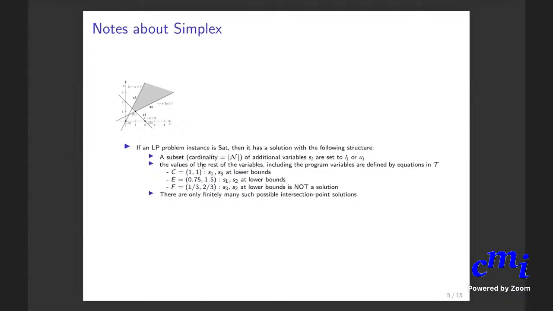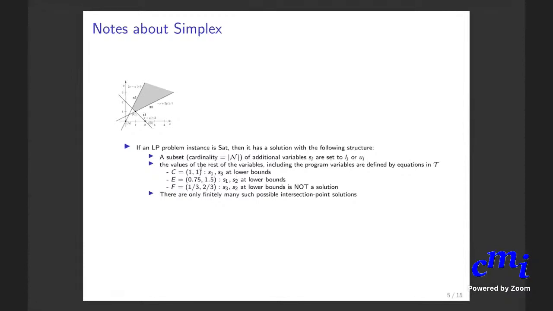This is a solution where some subset of the non-basic or additional variables, that is the slack variables, not the primary variables, are set to either their lower or upper bound.